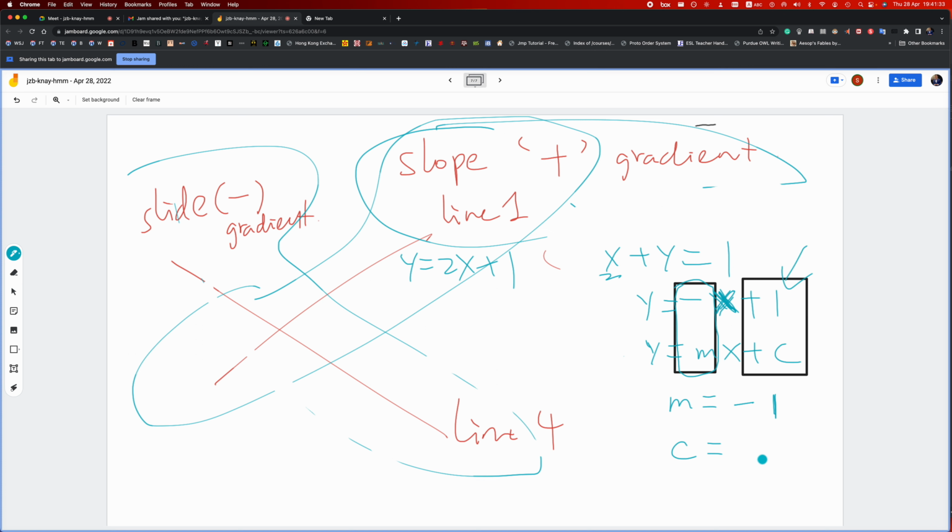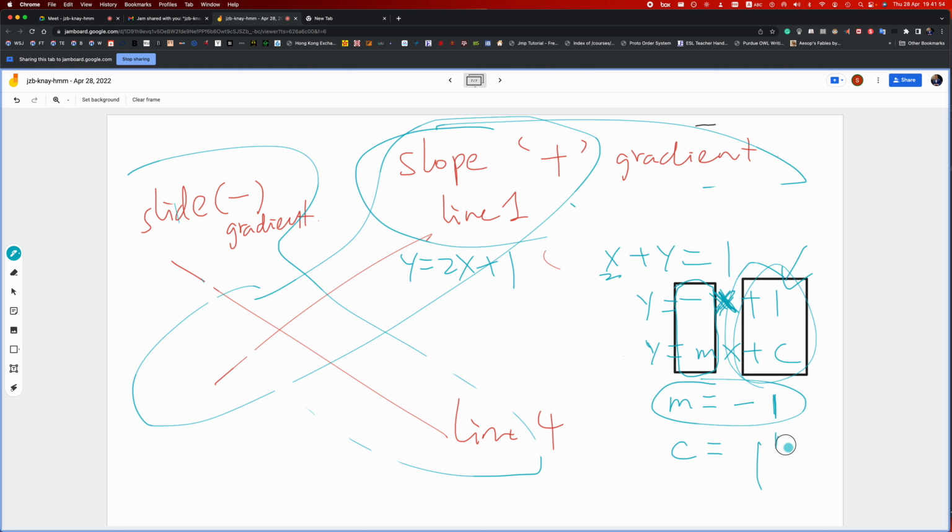Are you looking at slide 7? So what's the y-intercept? I already blocked it out for you. 1. Yes. So the gradient is negative here, right?